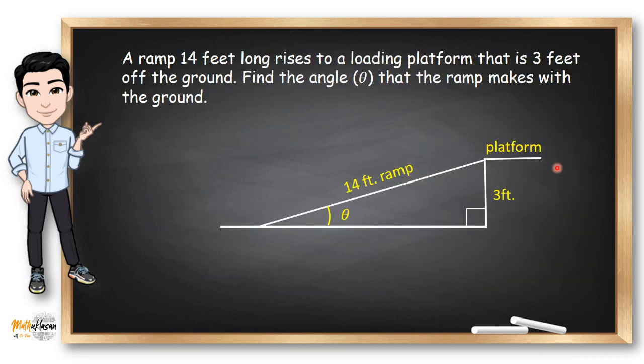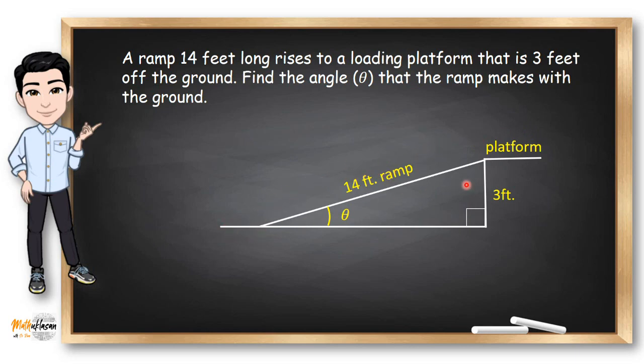In this next problem, a ramp 14 feet long rises to a loading platform that is 3 feet off the ground. Find the angle that the ramp makes with the ground. So, halimbawa, meron tayong mga binababang loads at gumamit tayo ng ramp to lessen our effort. Ngayon, possible na galing dito sa platform, pinapagulong yung mga loads pababa. Okay?